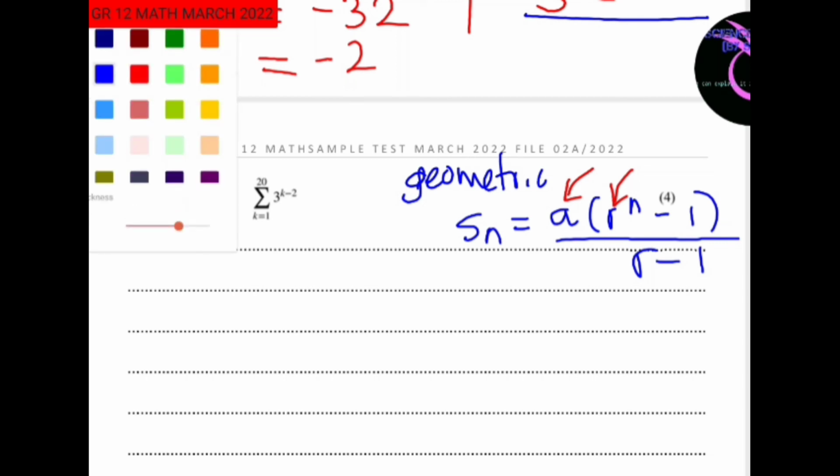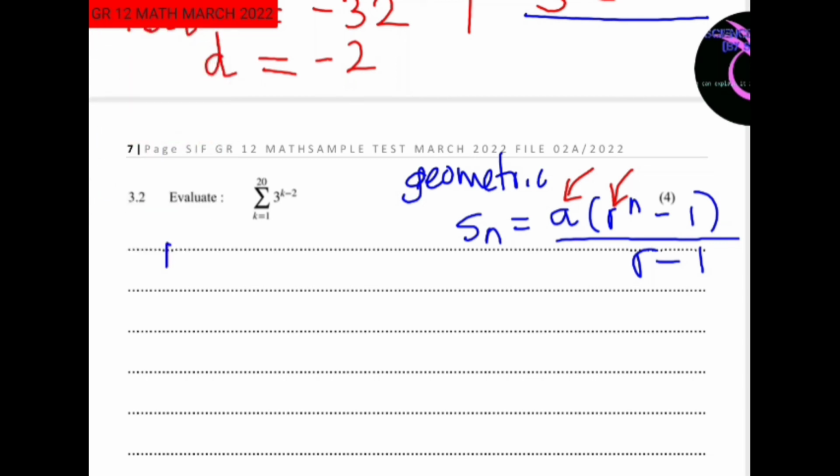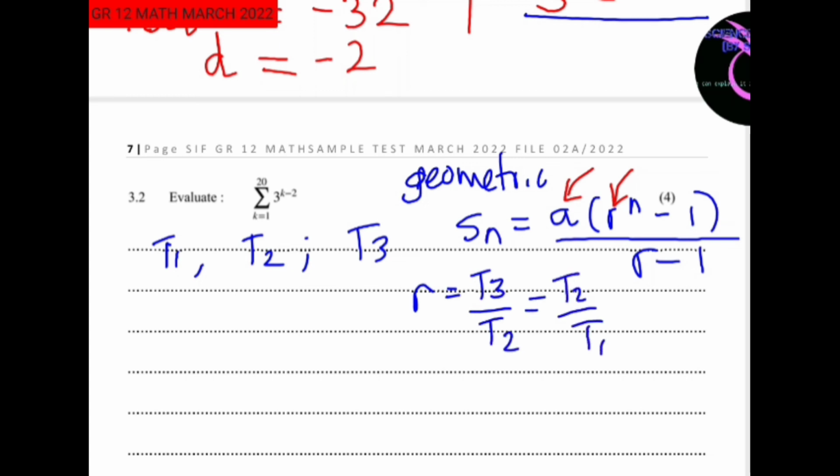Well, to get a and r, usually it's easy if you've got T1, T2, and T3. T1 becomes a. If you divide T2 over T1, should be the same as T3 over T2. That's how we're going to get r. So r is T3 over T2, which is the same as T2 over T1.